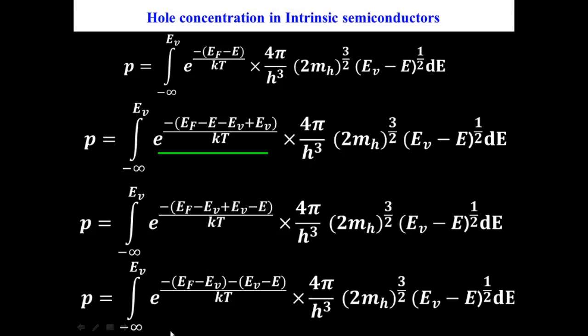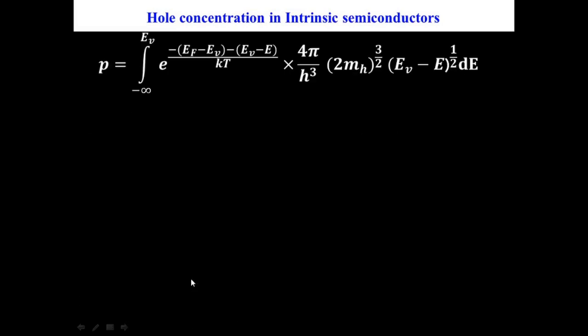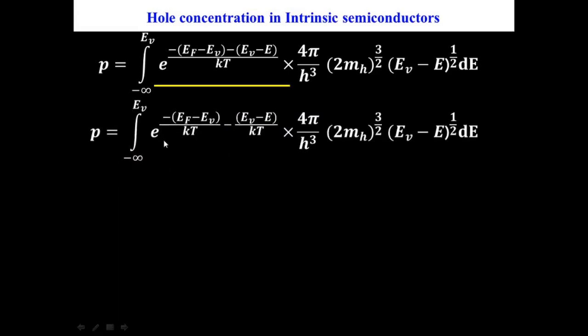So after splitting the power of the exponential, we get exponential of minus (EF minus EV) by kT, minus (EV minus E) by kT, and the rest of the terms are the same.